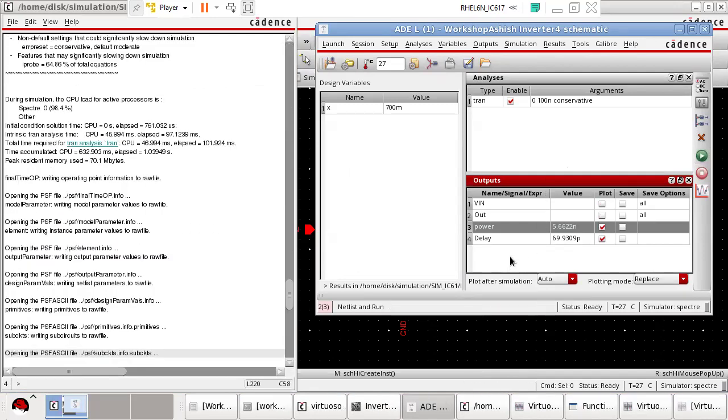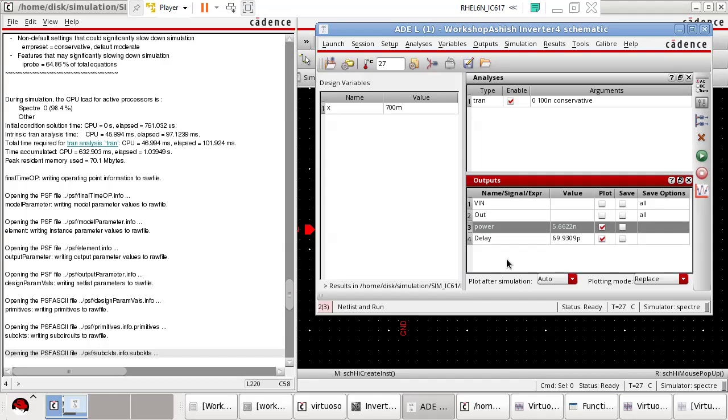Please see, the dynamic power is 5.662 nanowatt and the delay is 69.93, which initially was 47.04. This means the delay increases drastically when you use high threshold devices.